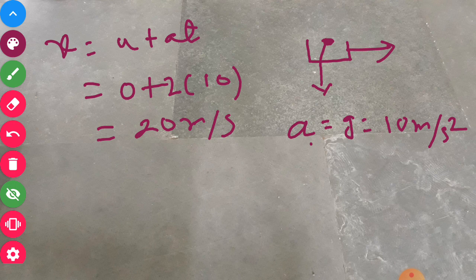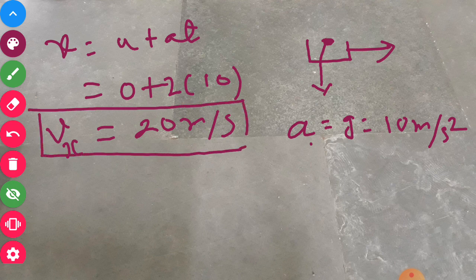And when it is dropped, it had its horizontal velocity, say Vx, but its initial vertical velocity was not there. So in the vertical direction the initial velocity is 0. Now in 11 seconds, in the next 1 second: in 10 seconds it was moving in the x direction with 20 meter per second.